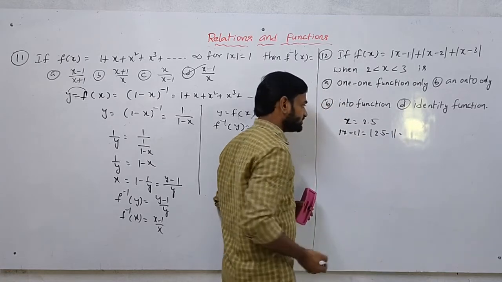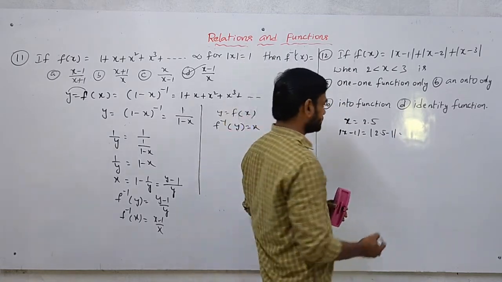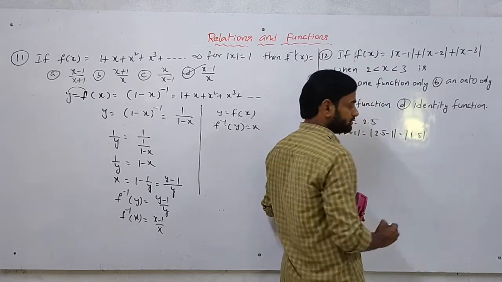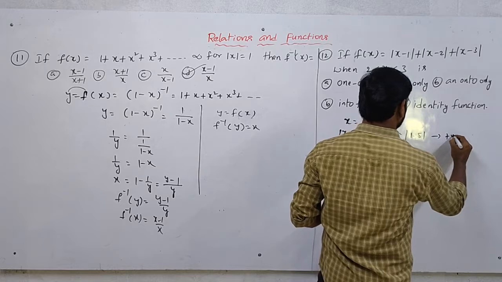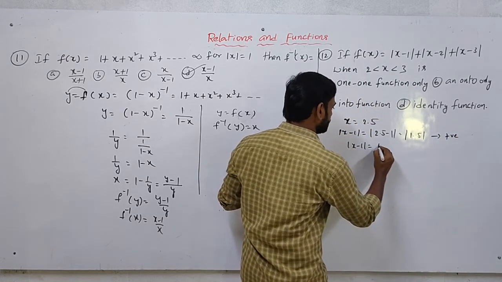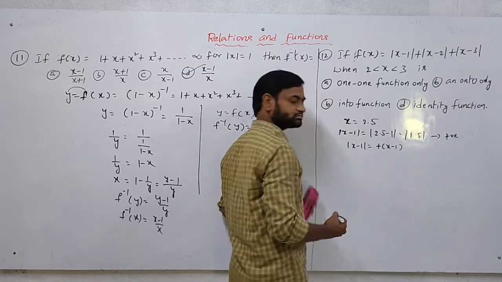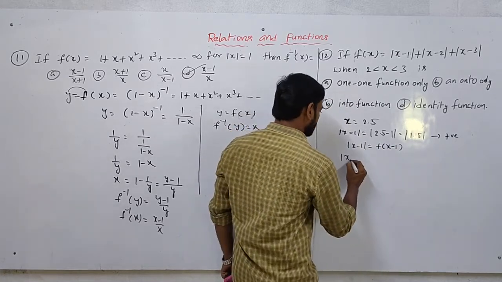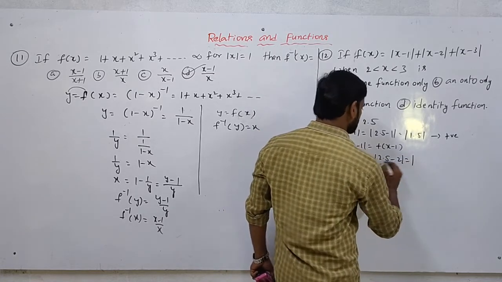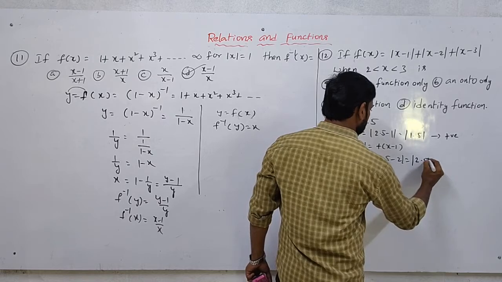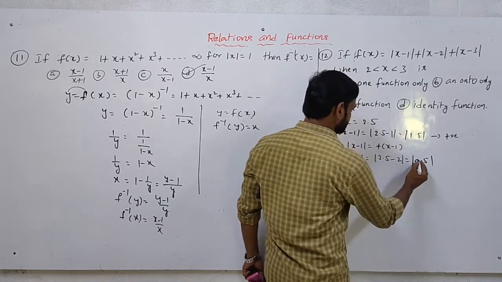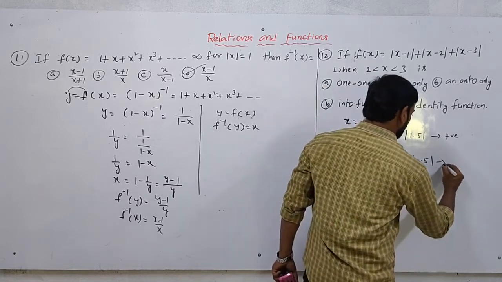How much is 2.5 minus 1? It is 1.5, plus 1.5. So it is positive. Positive means mod of x minus 1 is equal to plus x minus 1. Next, mod of x minus 2, that is mod of 2.5 minus 2. How much is it? It is plus 0.5, so it is also positive.